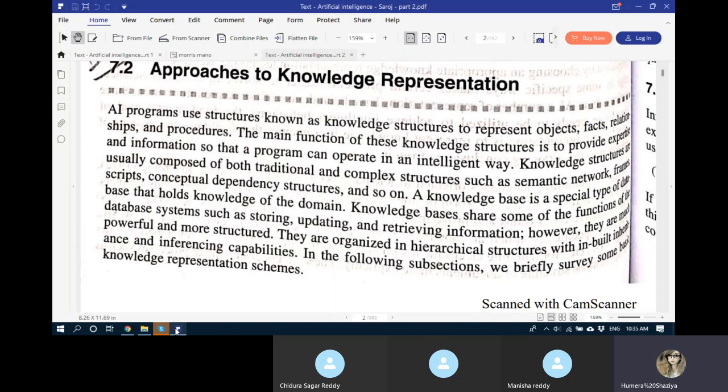Also you can represent procedures. To do something, some procedure is required, and that procedure also can be represented. So these AI programs, which are automatic programs to derive conclusions, use knowledge structures.